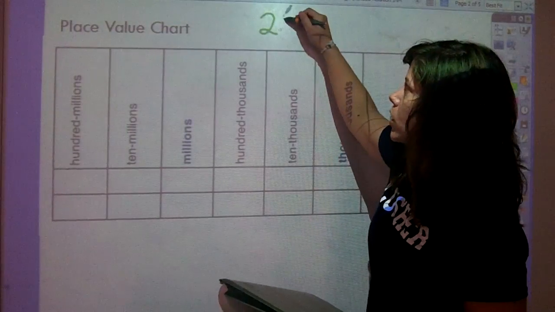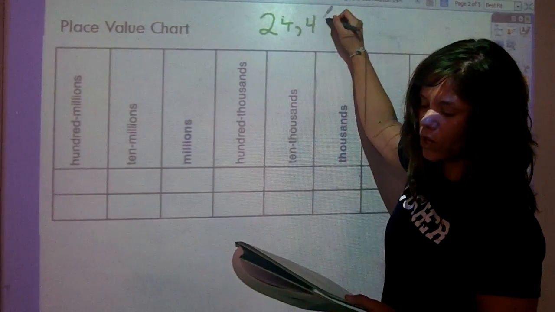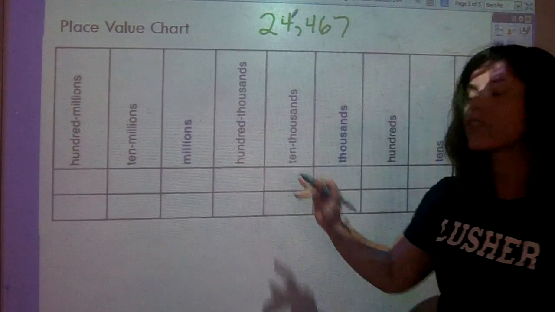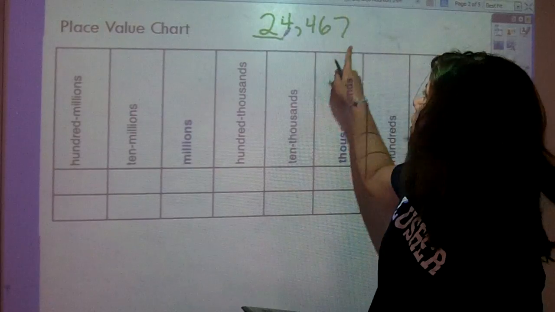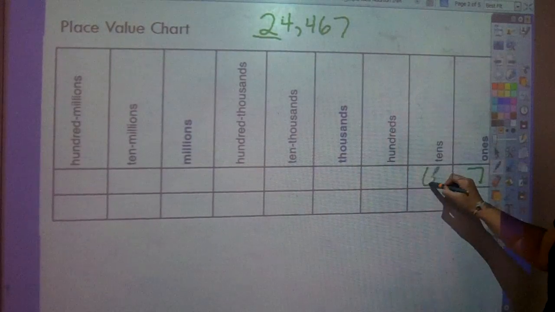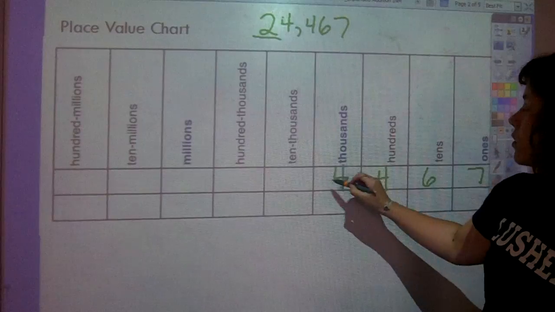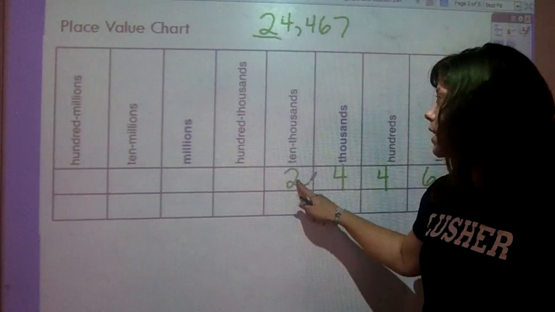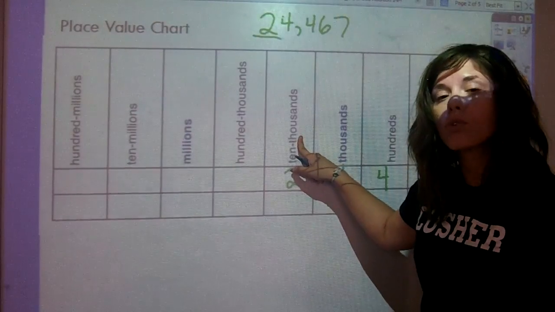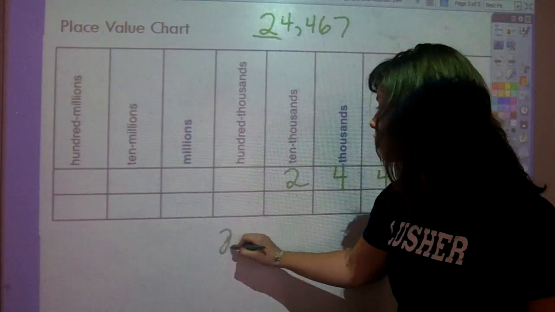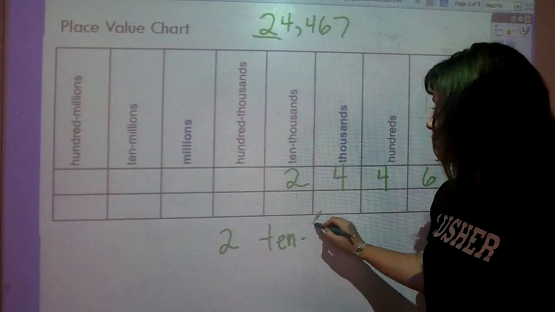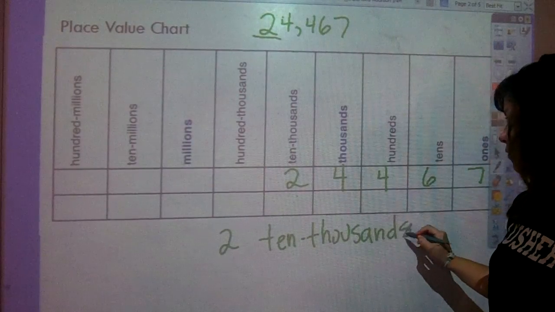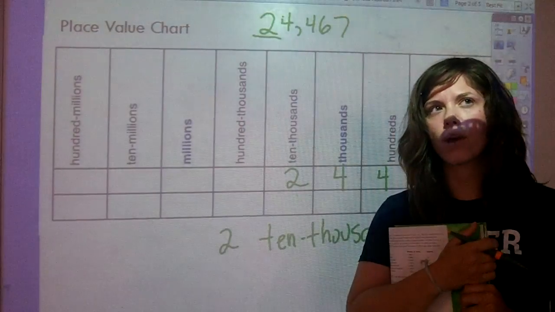How about a greater number? 24,467. Let's keep looking at that too. Let's go ahead and plug this in. The digit 2 is in the 10,000s place. So the value of the 2 is 2 10 thousands, 2 10,000s.